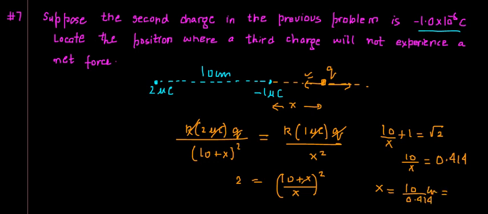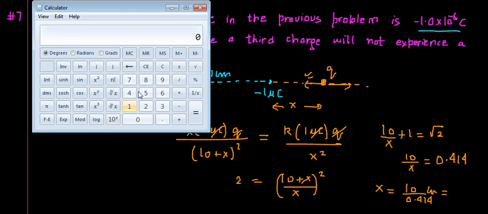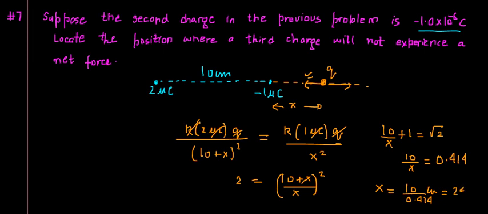Let's see how much that is equal to. If you divide 10 by 0.414, you get 24.1 somewhere. This is approximately 24.1 centimeters from the -1 microcoulomb charge towards the right.